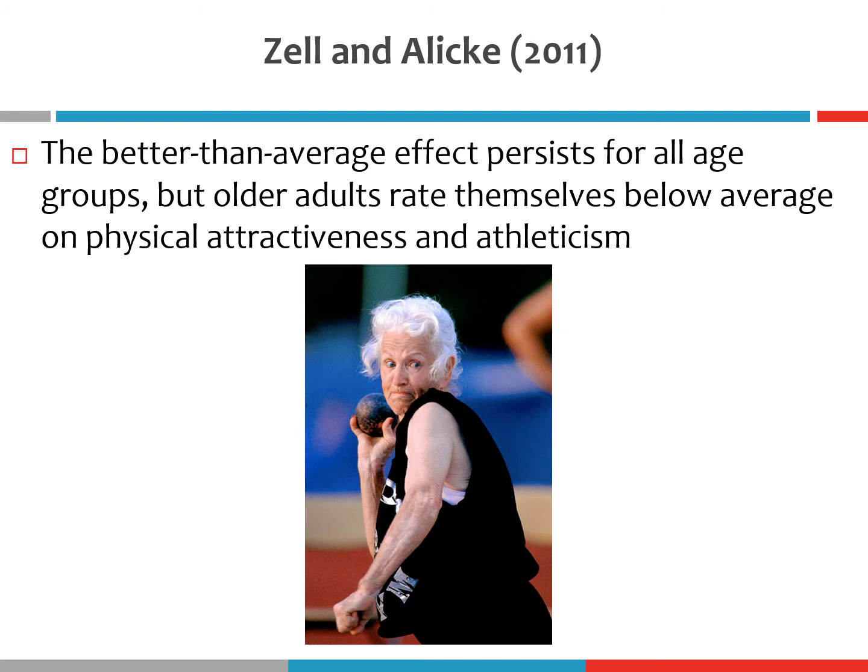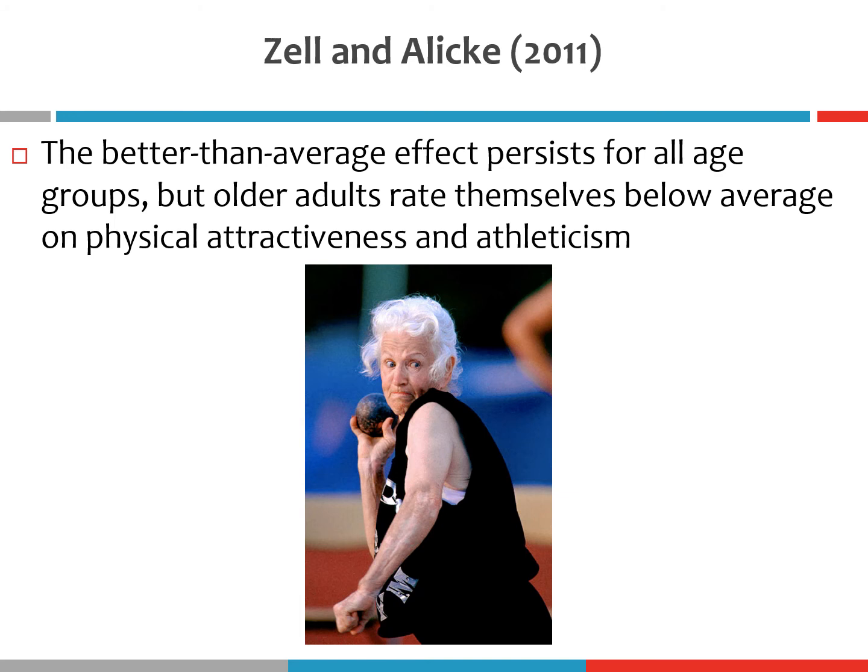So in areas where older adults have age-related declines, such as athleticism, for example, or physical attractiveness, they reported being worse than their average peers. Okay? So it seems like at some point, as we age, we come to accept our limitations relative to our younger counterparts. Whereas this doesn't happen with younger people, right?